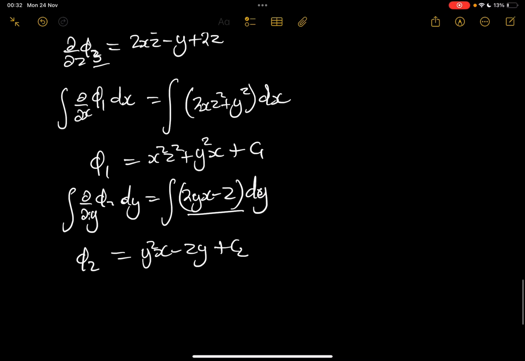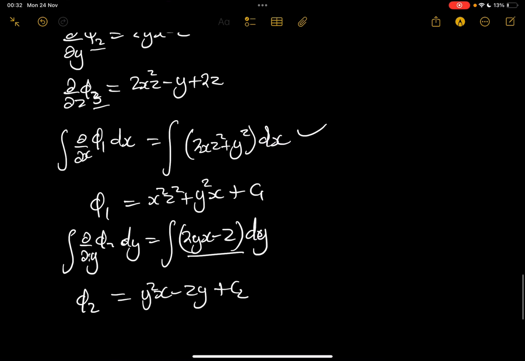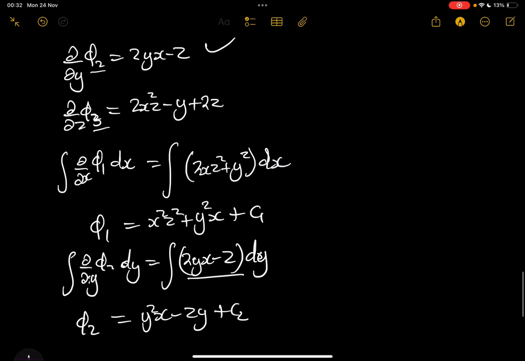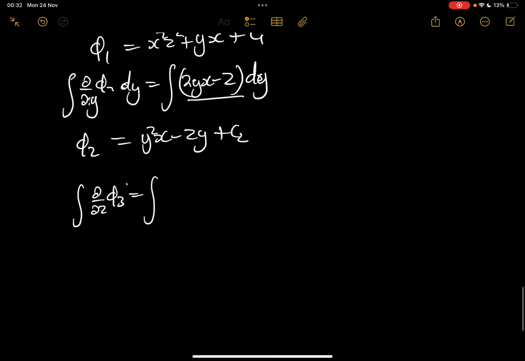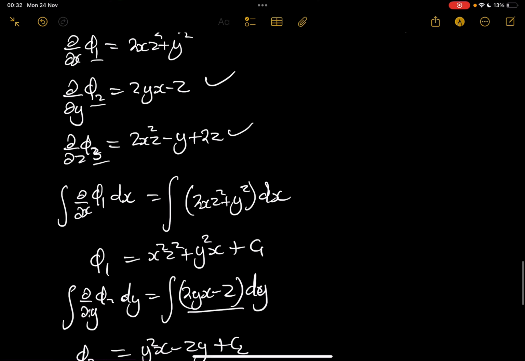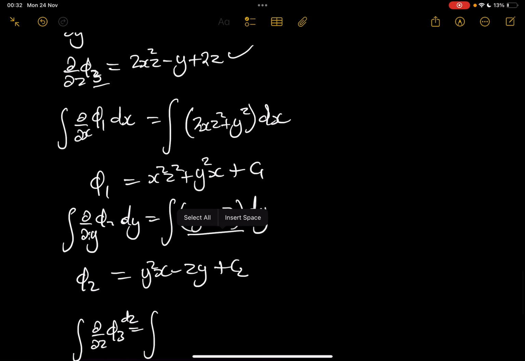Then the last one is this one. Integrate with respect to z. Integrate del z phi 3 dz equals the integral of 2x squared z minus y plus 2z dz.